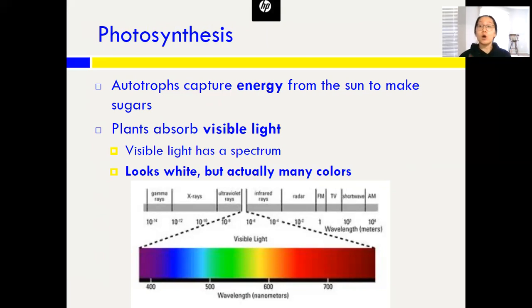So white light is technically all colors of light, and anything that looks black is reflecting no light. That means everything from ROY G. BIV, from violet to red, from the ultraviolet rays all the way to the infrared rays, everything in between is our color spectrum that we can see.